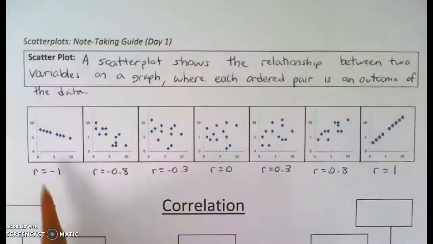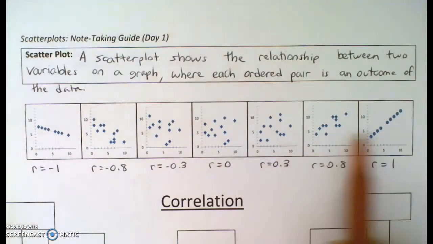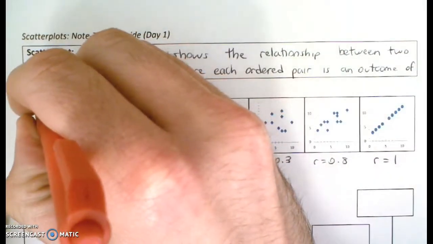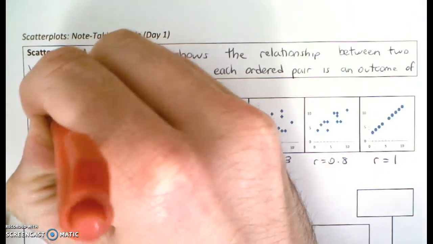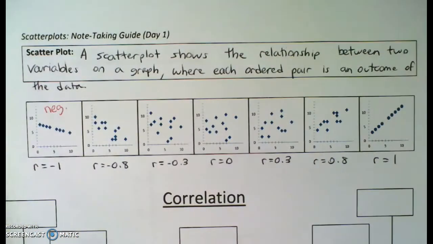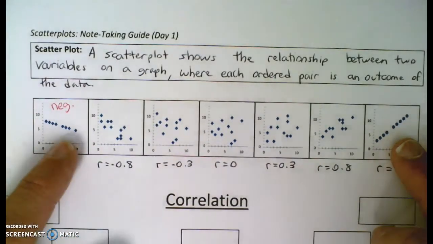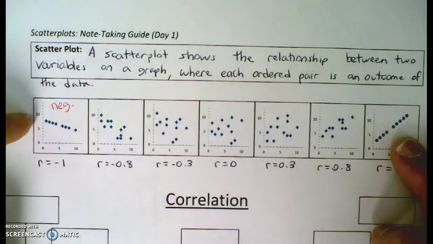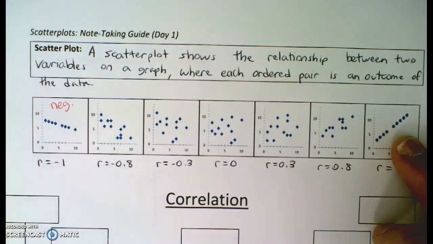So if I looked at these scatter plots, we could easily identify some of these now with those phrases. Like this first one, I know is negative. It's negative because the data is going down. As my values down here are increasing, these ones are decreasing.